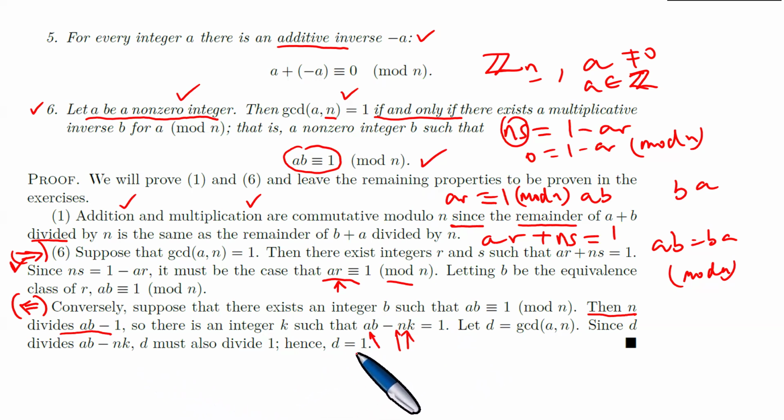Hence D is 1, because what other number can divide 1? It's just 1 itself. 2 can't, 3 can't, and so on, so it has to be 1. So the greatest common divisor is 1. We have established this with so much ease and simplicity.